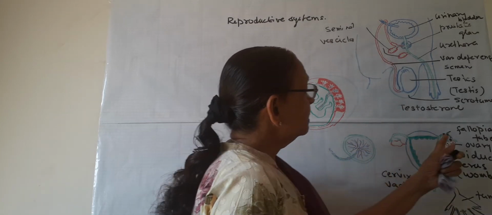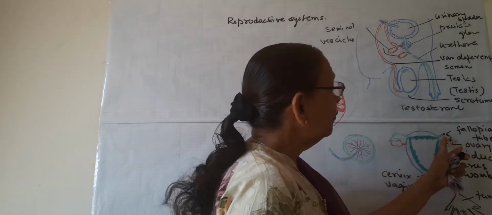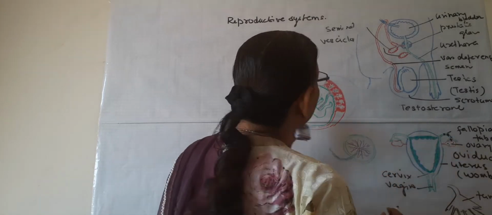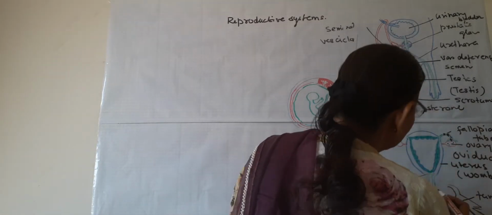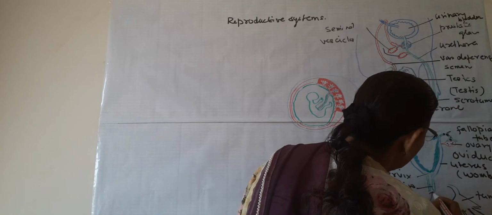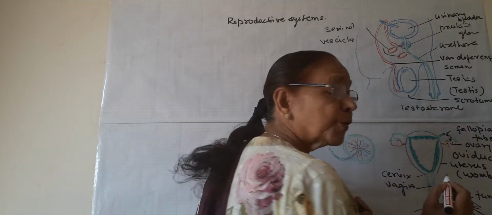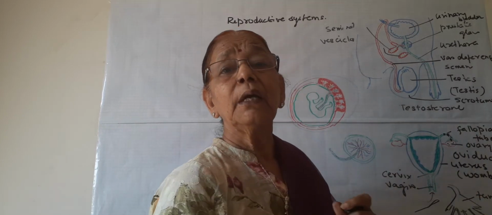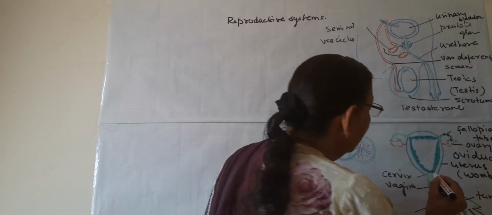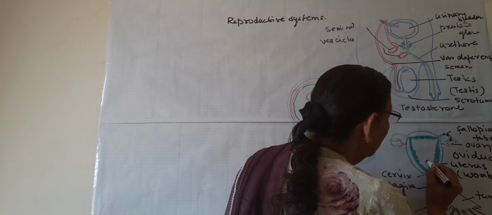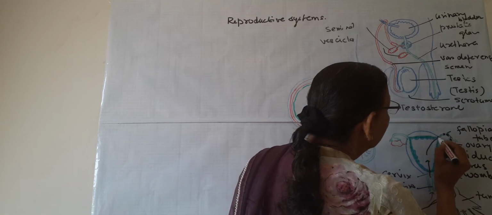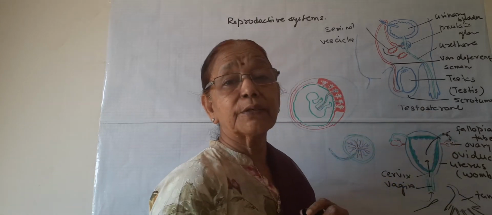So what happens once the egg comes to the oviduct or the fallopian tube? The sperms from the male system enter through the vagina. This is the sperm. They enter through the vagina during sexual intercourse, and they find their way through the womb, and they come to the oviduct.